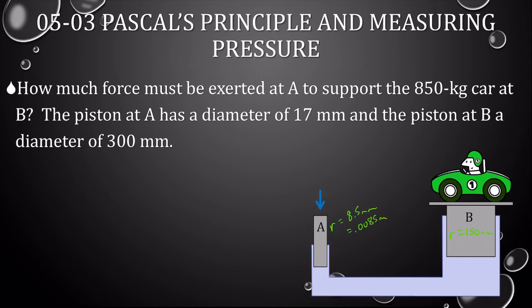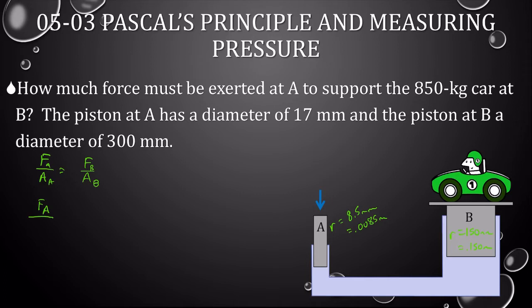Or if we put them into meters, we get that. All right. So if we use Pascal's principle here, we have our force over area should equal our force over area. We're looking for the force at A, so that's our variable.